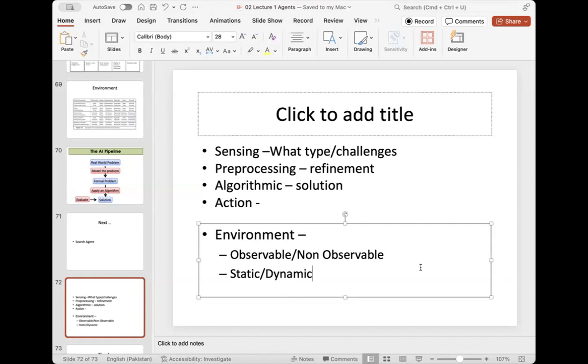Or if there is a signal or a billboard on the road, that is not changing its position. So it's static. But then there are cars moving or people moving on that road, on the footpath, on the sideways. That makes it dynamic.